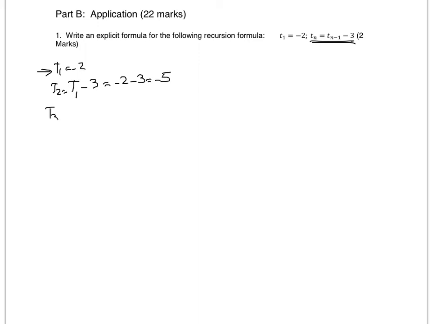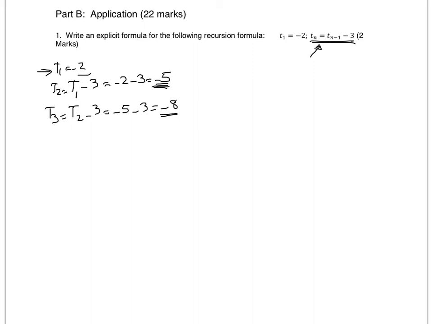If I find T3, using this formula again, it is T2 minus 3. T2 is negative 5, so negative 5 minus 3 is negative 8. If you look at this sequence, the first term is negative 2, the second term is negative 5, and then negative 8. This means that every term is the previous term minus 3.